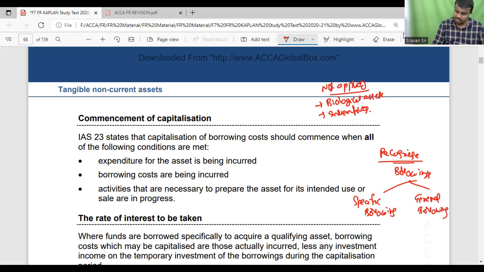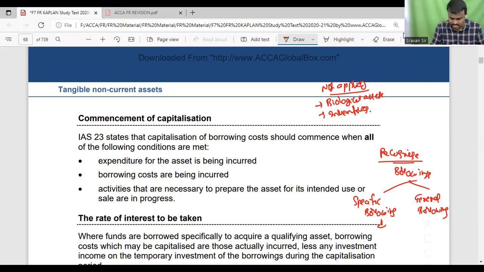Specific borrowing means the borrowing taken by the party for purchase of a specific asset. Like I took 5 lakh for purchase of a building, or 5 lakh for construction of plant and machinery. That is specific borrowing.